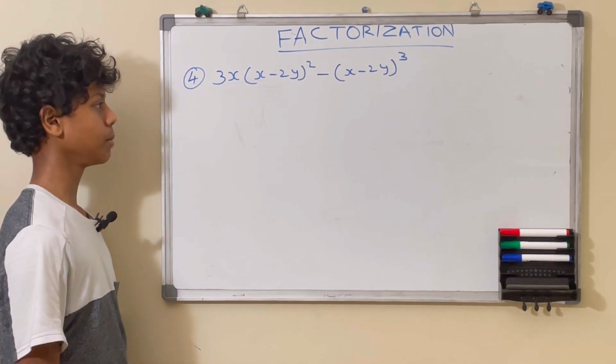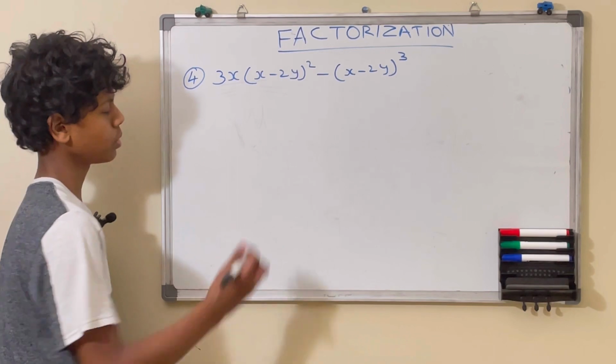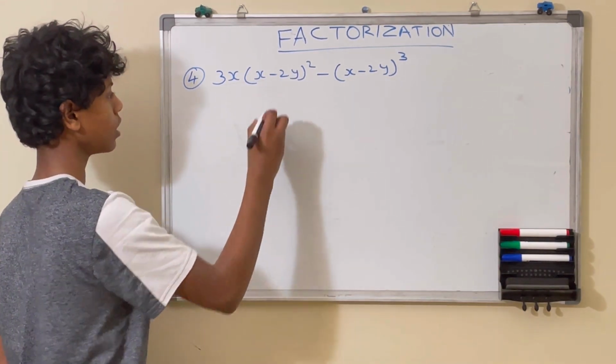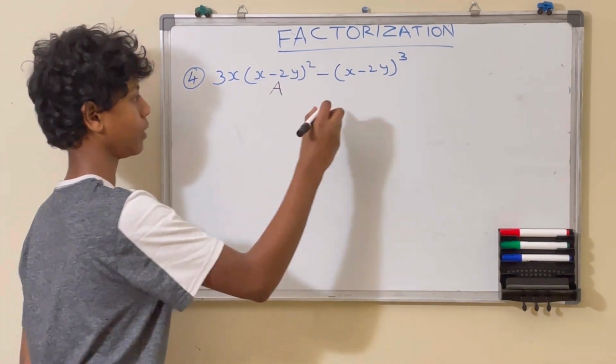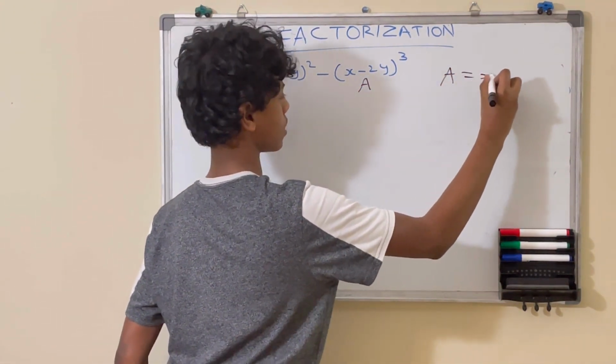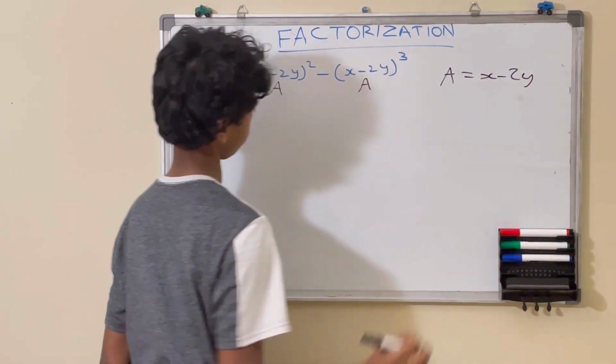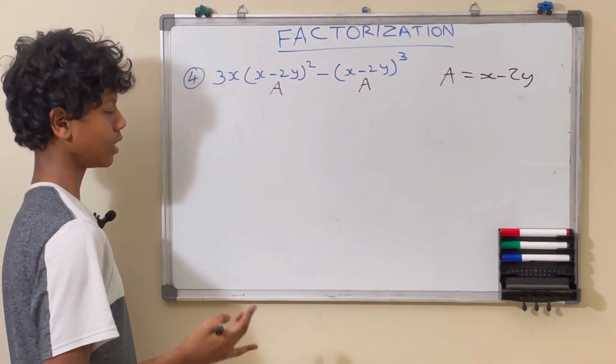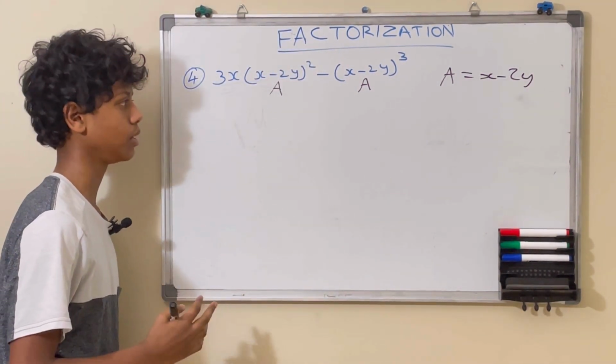So here we're doing the same thing we did before. In place of x minus 2y, we can use the variable a for both of them. So a equals x minus 2y. This just makes the equation simpler and easier to manage.